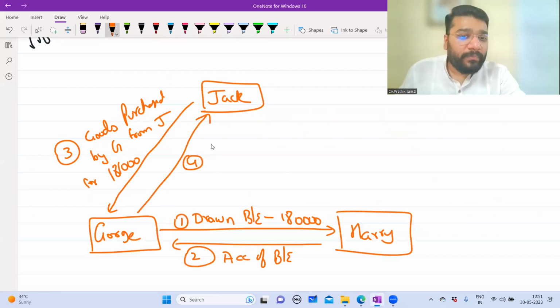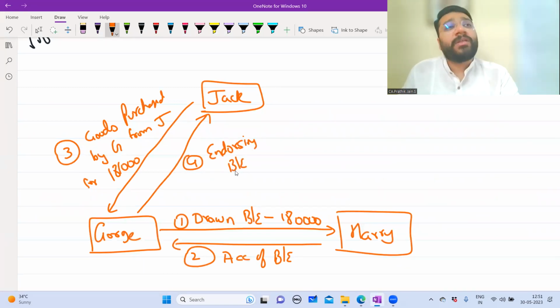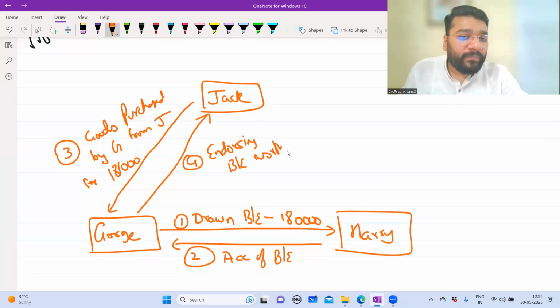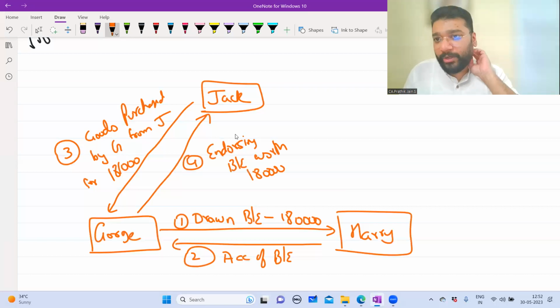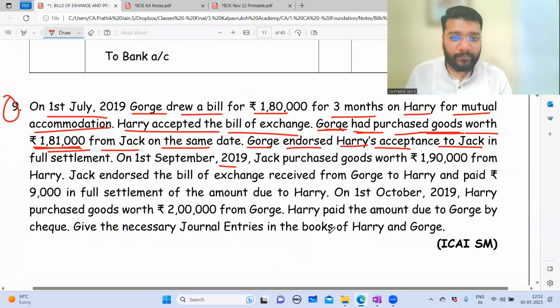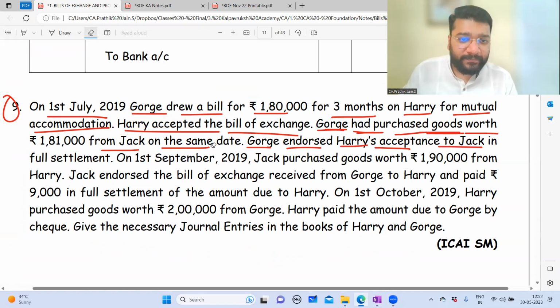The fourth one: endorsing the bill of exchange. Before endorsement, who was the holder of the bill? Georgie was the holder of the bill. Now we are endorsing the bill of exchange worth 1,80,000 rupees to Jack. So now who is the holder of the bill? Jack is the holder of the bill. Online people, what do you say? Jack is the holder of the bill. Now, one more time, let's read this.